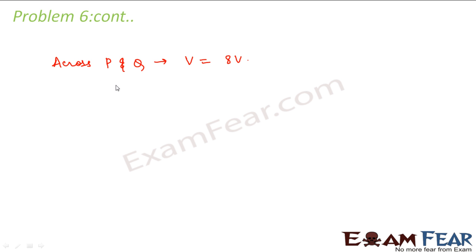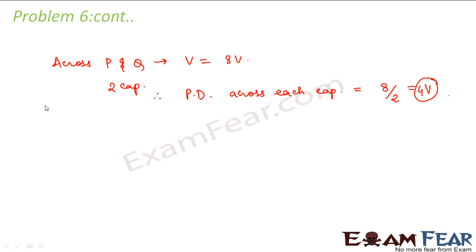Now across P and Q, you have 2 capacitors, right? Therefore, the potential difference across each capacitor will be equal to 8 divided by 2, that is 4 volts. So this is the potential difference across each capacitor. Therefore, the charge on each capacitor will be equal to C into V, the capacitance into the potential difference across it.